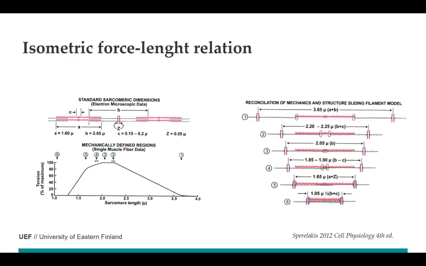Until, in the end, the tension is actually very minimum when the cell is fully contracted. In that case, the length of the sarcomere is exactly the length of the thin filament.